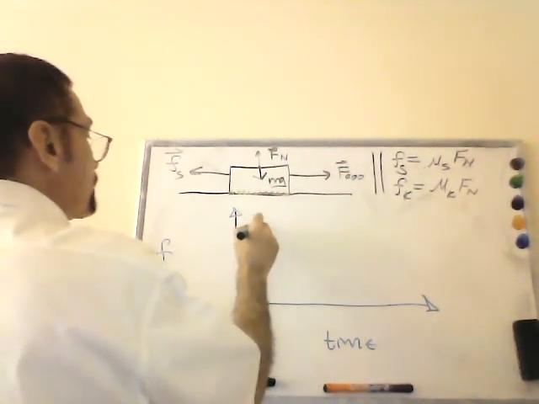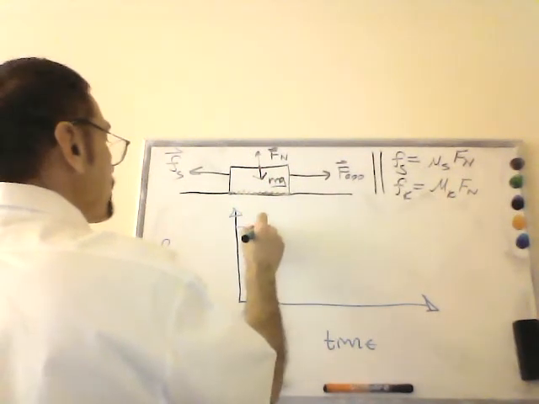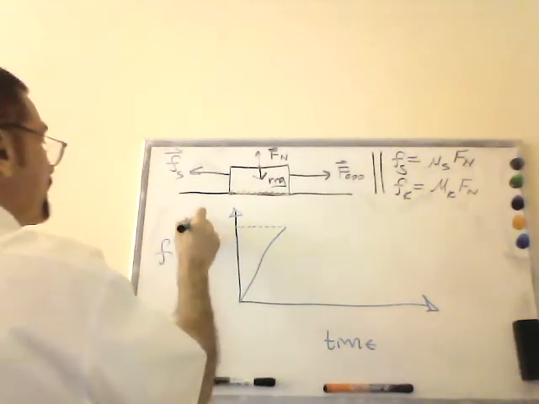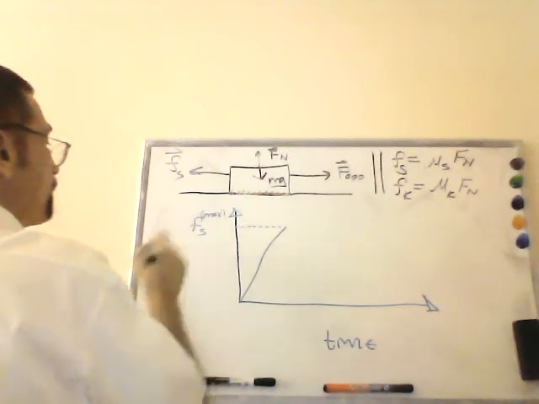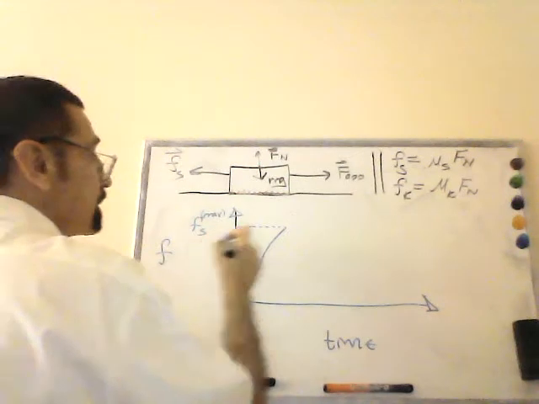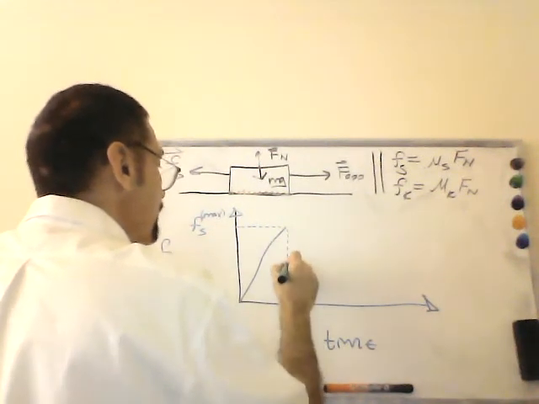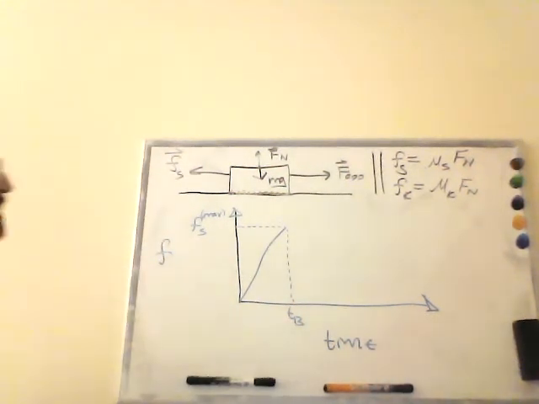And let's denote this point as being the max point, or the max frictional force, the threshold corresponding to this time, which I'll call T sub B, and I'll denote that later.